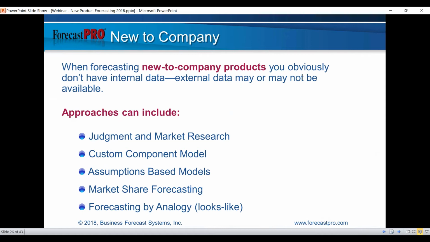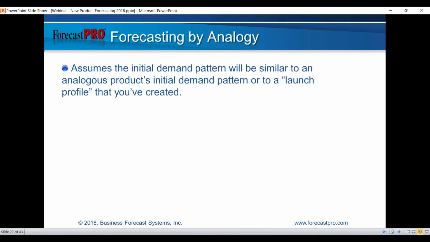So what we're doing when we're forecasting by analogy is assuming that the initial demand pattern is going to look like, or be similar to, the pattern of a similar new product launch. Using that, we get what we call a launch profile that we can use in a forecasting by analogy model.